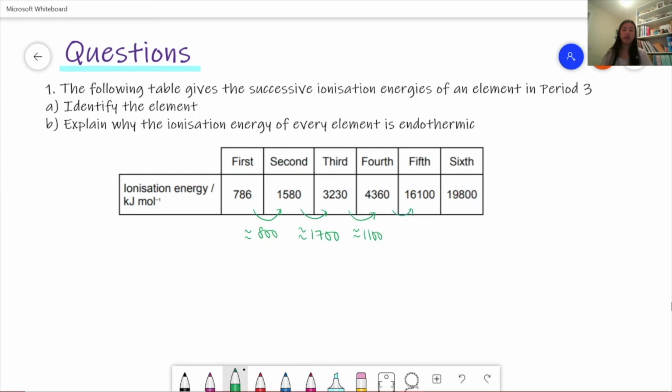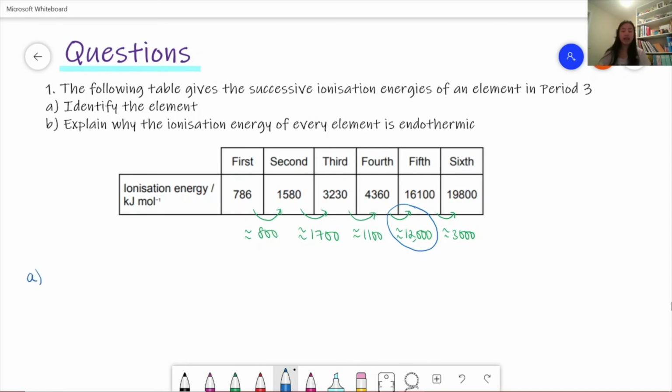And then from the 4th to the 5th, we have about 12,000. And then this last one, we have about 3,000. So they're just very, very rough estimates of the differences in ionization energies we have. But we can see that this one here is our biggest jump in ionization energy.